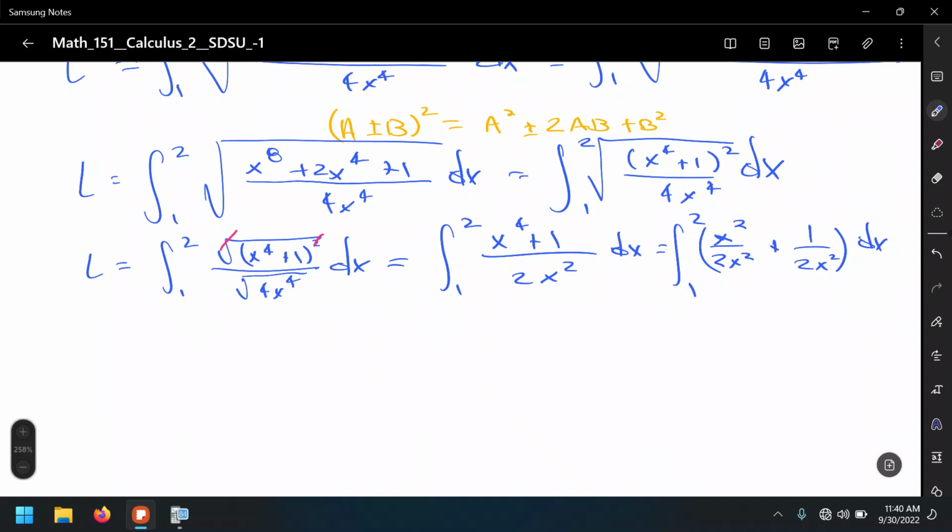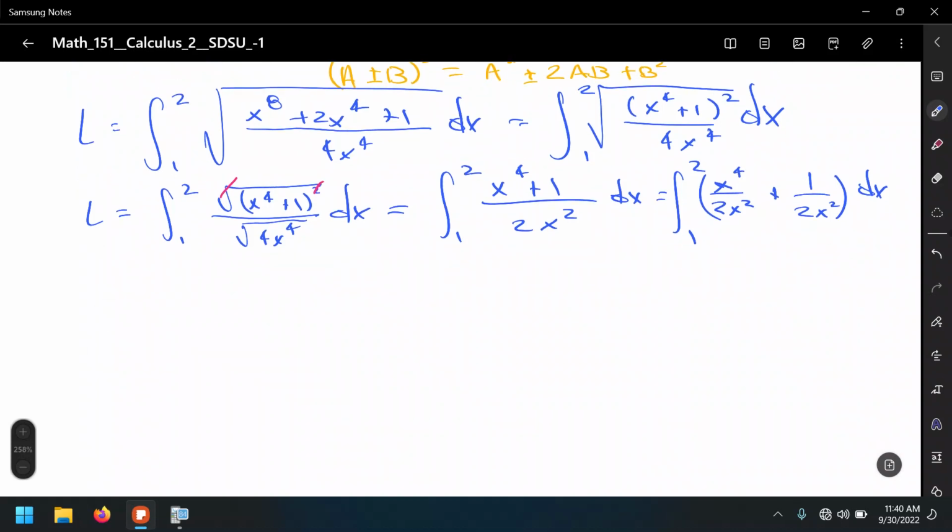Oh yeah, this is x to the fourth, yes, thank you. So what's next? x to the fourth over x squared, isn't that 1/2 x squared? This time I'm going to need the 1/2 notation so we can easily integrate the x's. And I'm going to write this plus 1/2 x to the negative 2.